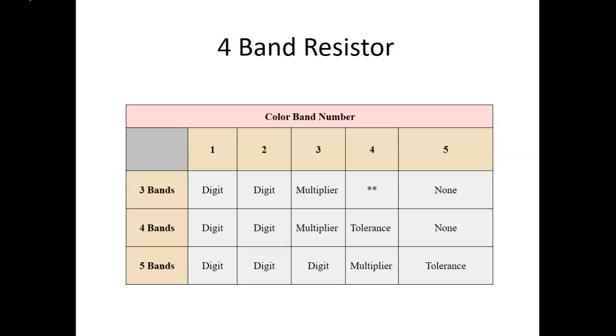So those can appear. I do have some resistors that have 4 red bands. We'll talk about what that might mean later. But the 4 bands run digit, multiplier, tolerance. The 5th band just adds another digit. So you start out with 3 digits, multiplier, tolerance. You will always have a tolerance. You will always have a multiplier. The number of digits depends on if you have a 3, 4, or 5 band.